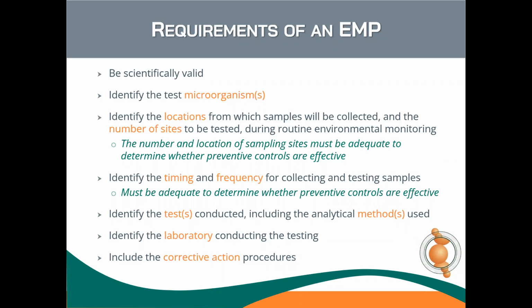The number and location of your sampling sites must be adequate to determine whether preventive controls are effective in your facility. You also need to identify the timing and frequency for collecting and testing your samples. And again, it must be adequate to determine whether preventive controls are effective.